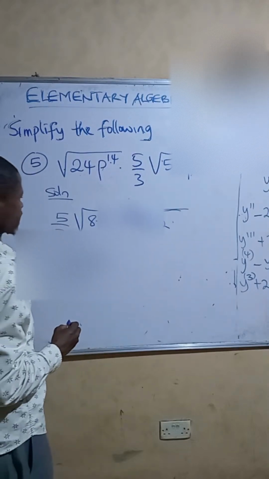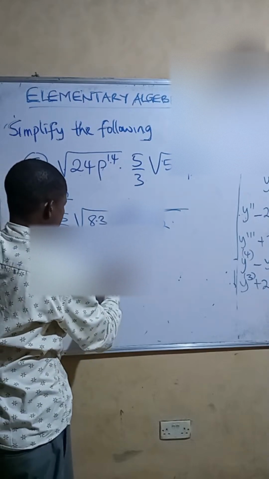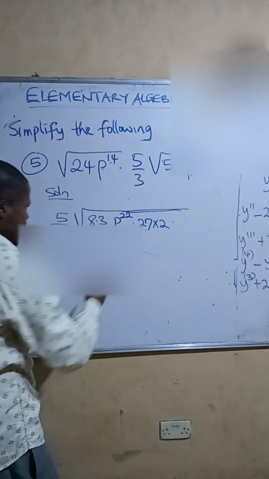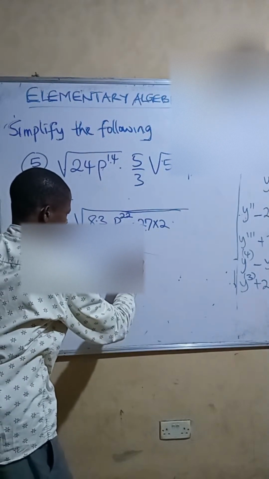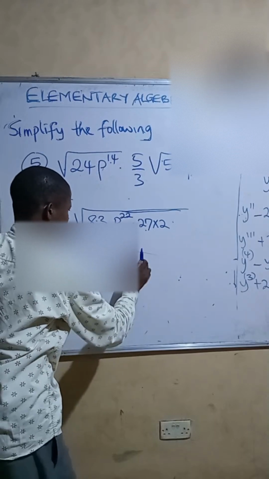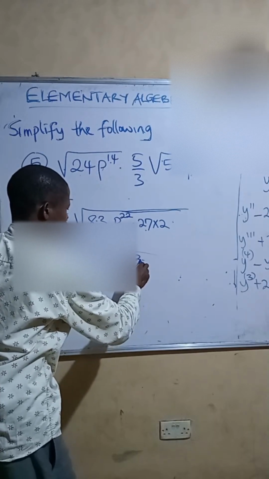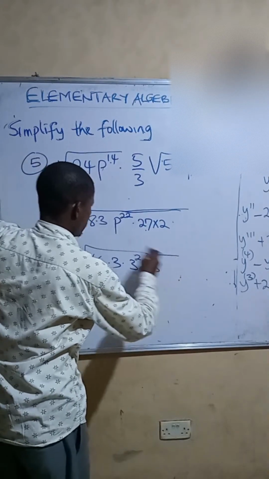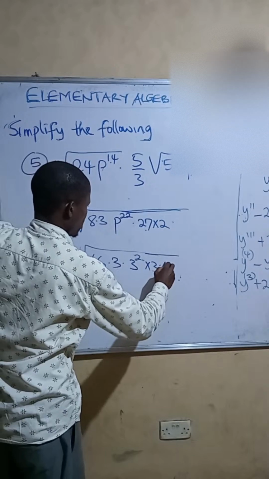That's square root of 16, times 3. This 27, I can also make 27 to be 3 to the power 3. 3 times 3 times 3. 3 to the power 3. Let me make it this way. 3 times 2 times 1 times 3. Okay. P^22.